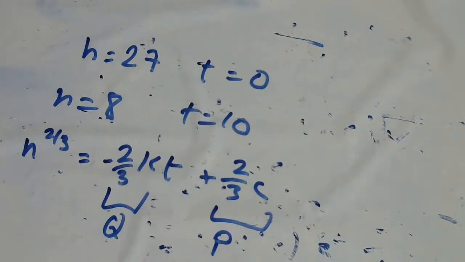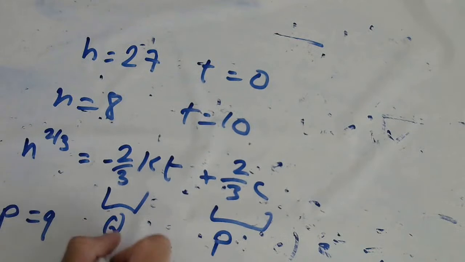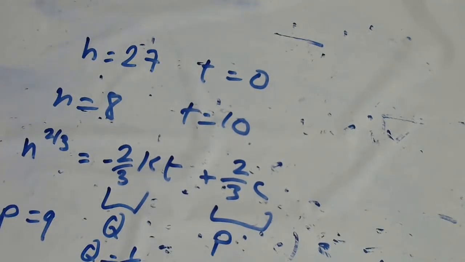That's C done. Find the time in minutes when the water is at the depth of 1 meter. If you find out what p and q are, and I'm not going to do this because obviously they are in the book, p equals 9 and q equals a half, sorry. We can now fill these into the equation.